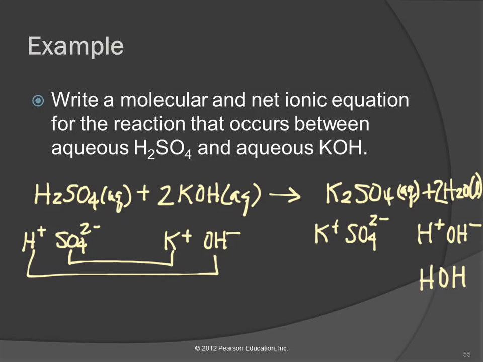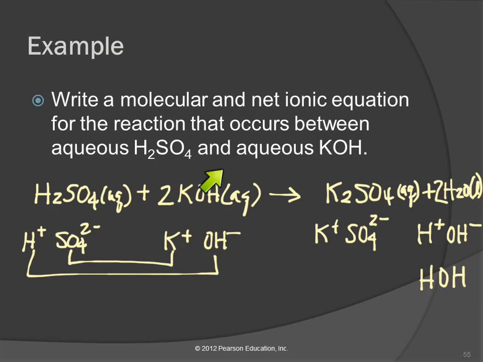Same pattern for finding the products as with the precipitation. Just identify the individual ions, swap the partners, put them back together. The net ionic equation. Well, we kind of have stuff written out right here to help us with that. Because these are the ions that are formed by sulfuric acid.